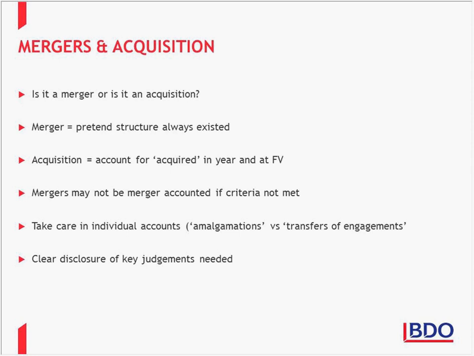Is it the fact that the board is 50% of the old boards on both sides, and not a case of one entity having more than the other in terms of ownership? In terms of size, are they equivalent? There's a number, I think it's 5 or 6 criteria that have to be met. So if you go down this road, and you are talking about a merger, the accounting treatment may not reflect that. So just be aware of that.